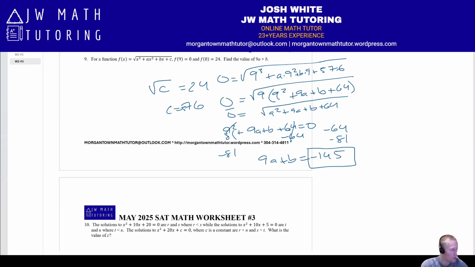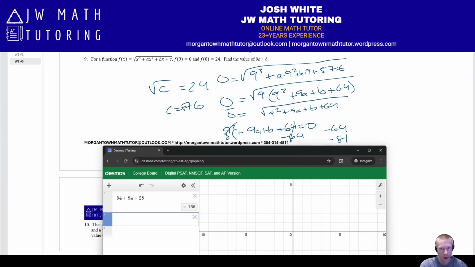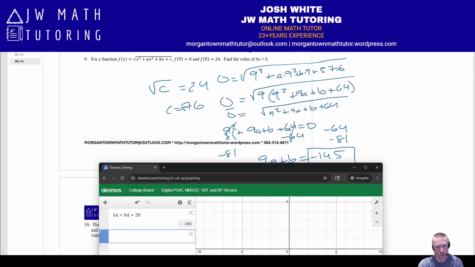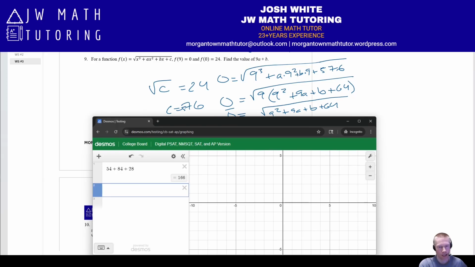Now, here's how we could do the entire thing in Desmos. So again, because this has this radical in the problem, you have to recognize initially that C is going to be 576 and type that in before you can do your regression. So here's what I mean.